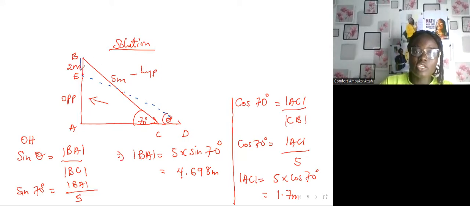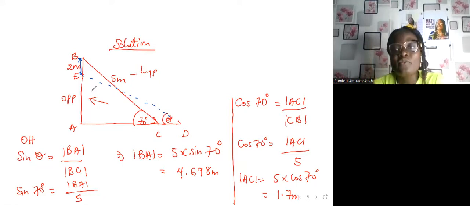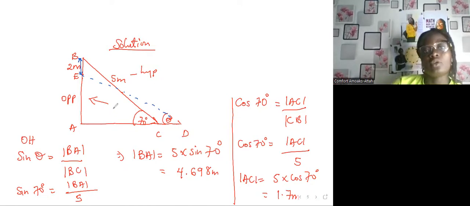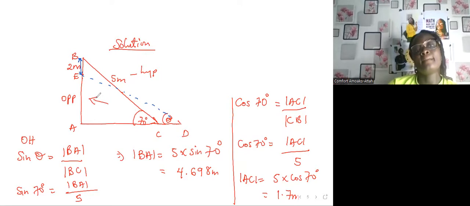So this is the new measurement, okay? So it slips down 2 meters. All right, so now how do we find the new angle? First of all, you have to find the old one. The old angle was given. So using your Pythagoras theorem, how do you find it?